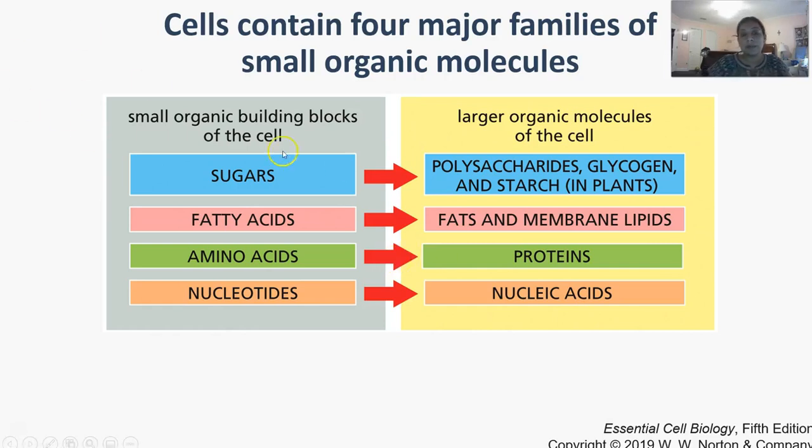So different types of sugars will come together to create polysaccharides, glycogen, and starch. So energy molecules and storage molecules. Fatty acids will come together to make membrane lipids as well as fats. Amino acids will come together to make proteins, and nucleotides will come together to make nucleic acids, RNA as well as DNA.